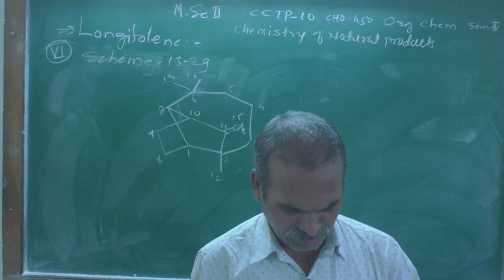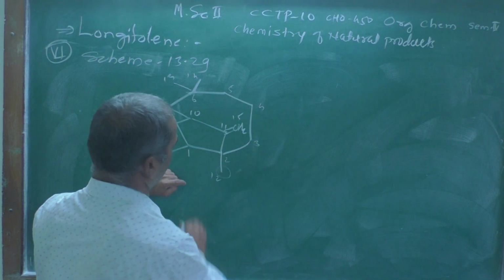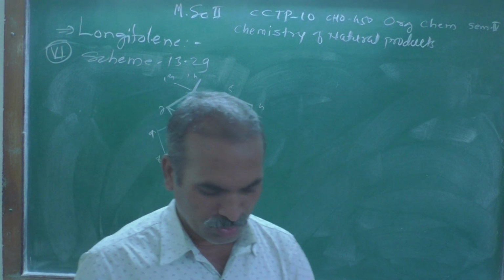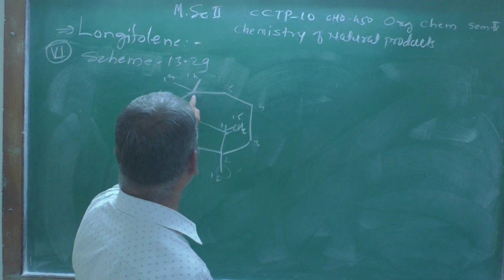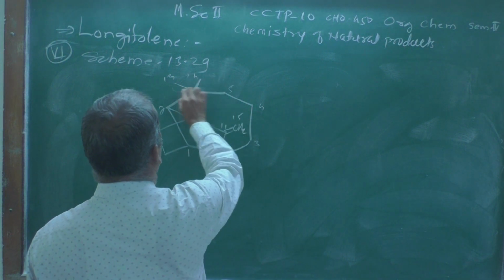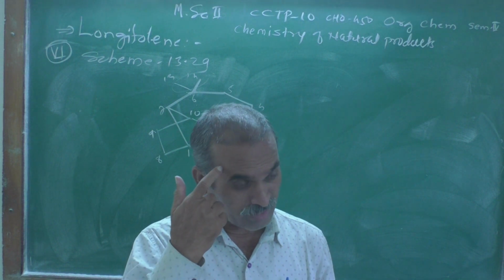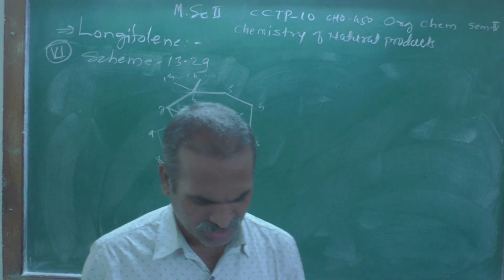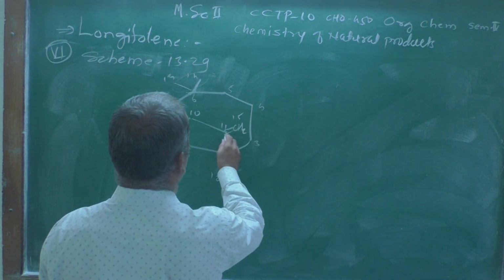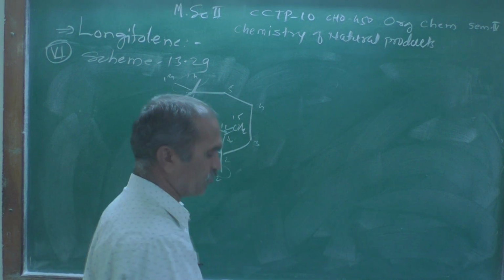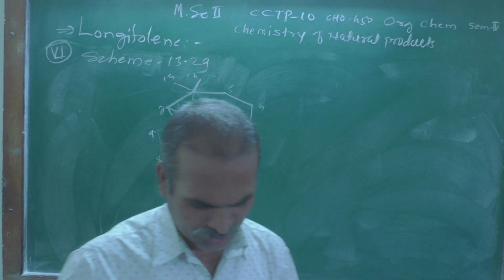Here the methyl group at C2, look here, this is carbon number 2, shows how the methyl group is introduced, and at C6, at this position, how the gem-dimethyl is introduced by using a specific reagent, and the C11 methylene, how this methylene group can be introduced over here.